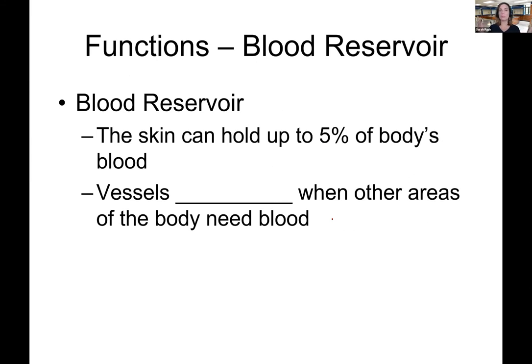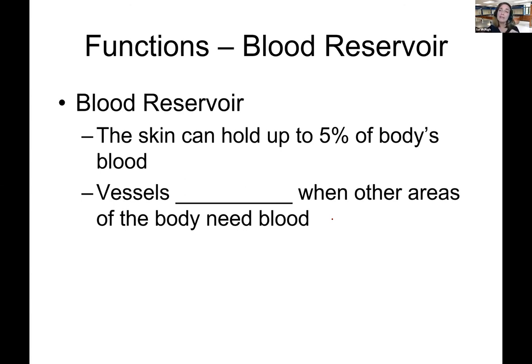Right? Think of the term reservoir. A reservoir would be like holding water. Well, your skin is holding blood. Your skin can hold up to 5% of your body's blood volume. So we have about 5 liters of blood in our body, and our skin can hold about 5% of that.